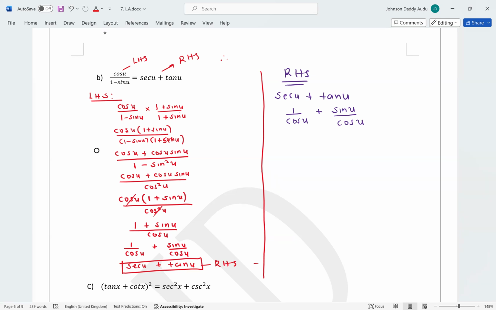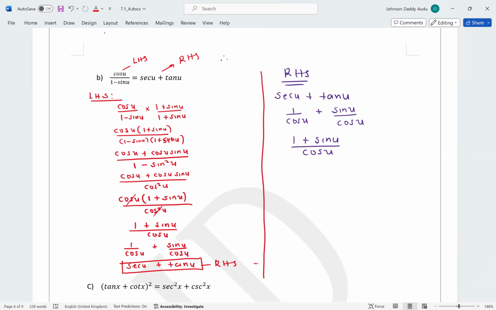And what can we see from here? So we can see that now this is 1 plus sine u over cosine of u. You see? But if you look at this now, this is not exactly what we want. It doesn't look like what we want, so we cannot stop. So here we have to be looking at our target.